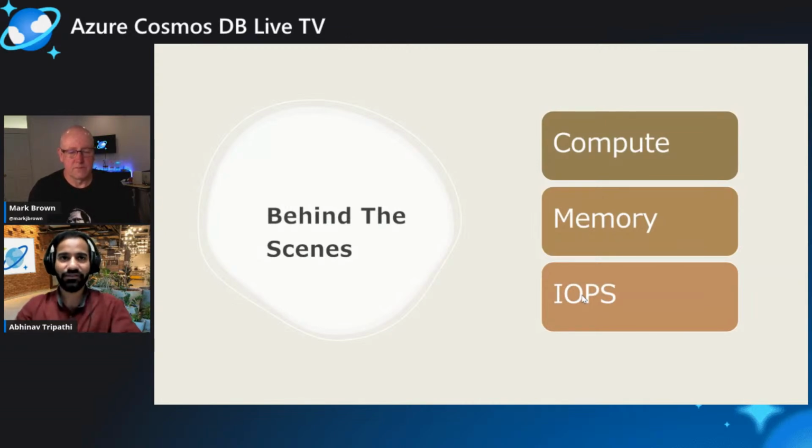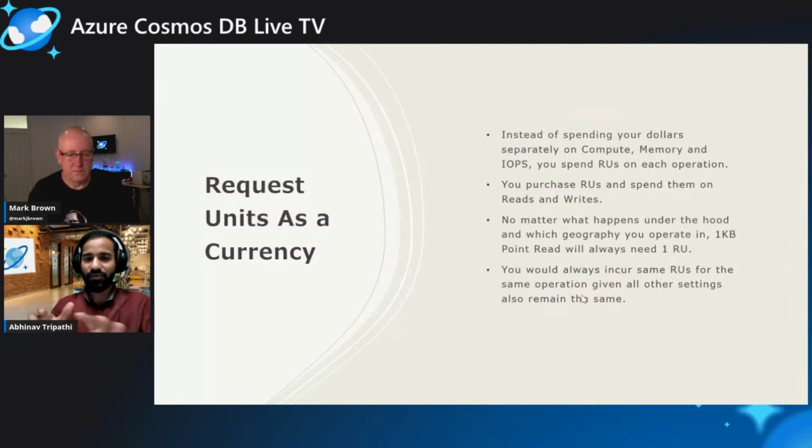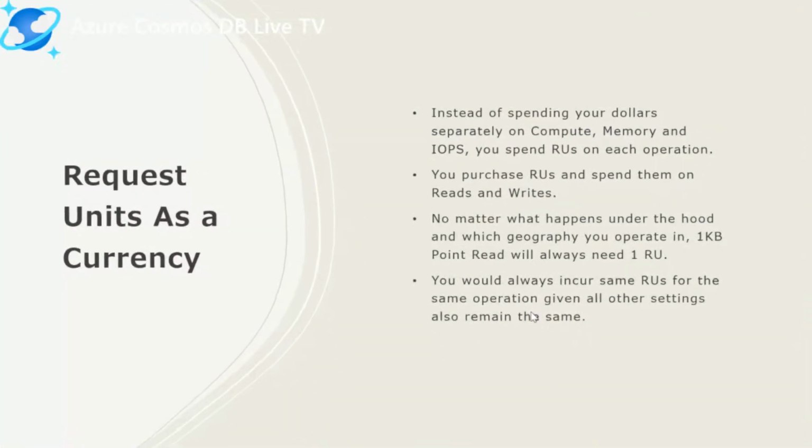We will tell the users that we are going to charge X RUs for a read or a write, depending on certain factors. So in our world, RUs are a virtual currency, and it is guaranteed that in Cosmos DB, if you are performing a point read on a 1 KB document in a single region, it will always cost you 1 RU. So it gives you predictability and relatability.